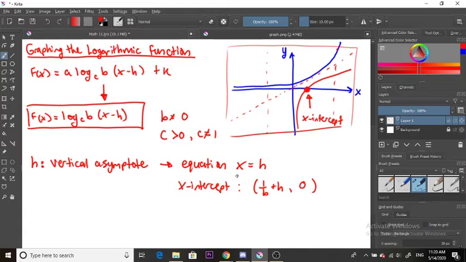And then once you have these things marked out on your graph, then you can do your table of values to find a couple more points. And once you have all of this, then you can actually draw in your curve.